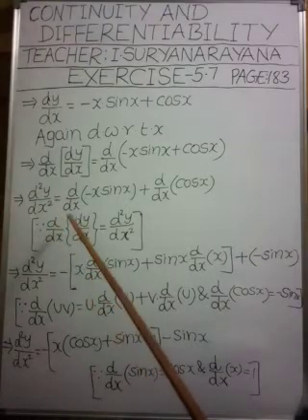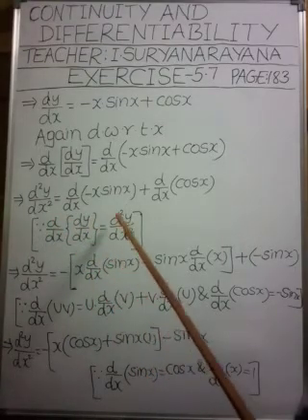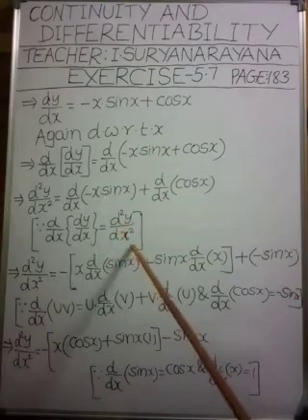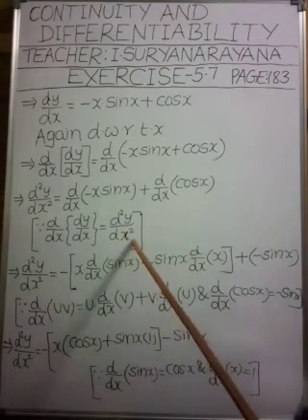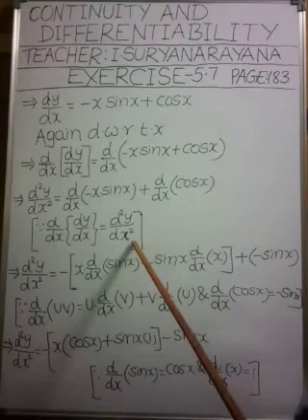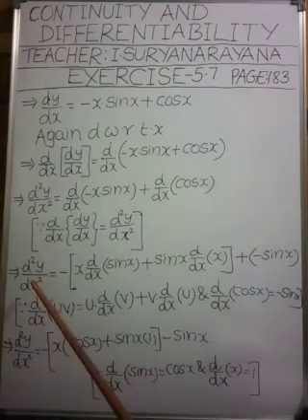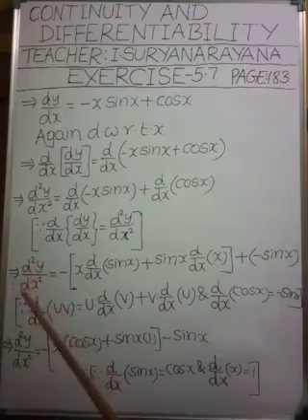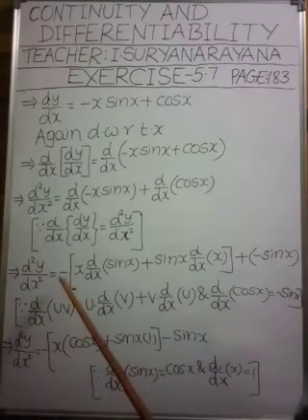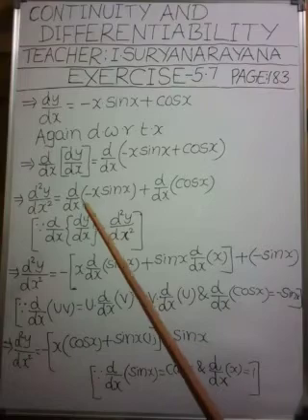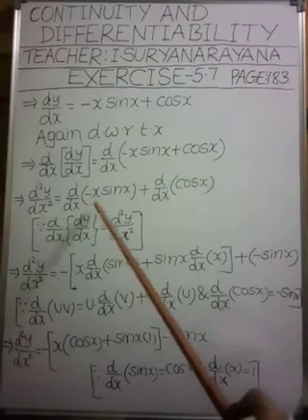Here I wrote that notation also clearly. d by dx of dy by dx is equal to d square y by dx square. Don't confuse here, my dear children. Do you remember this notation? Right. This implies I wrote LHS as it is, d square y by dx square, is equal to, come to RHS. Come to this first term, we have to differentiate this first term.